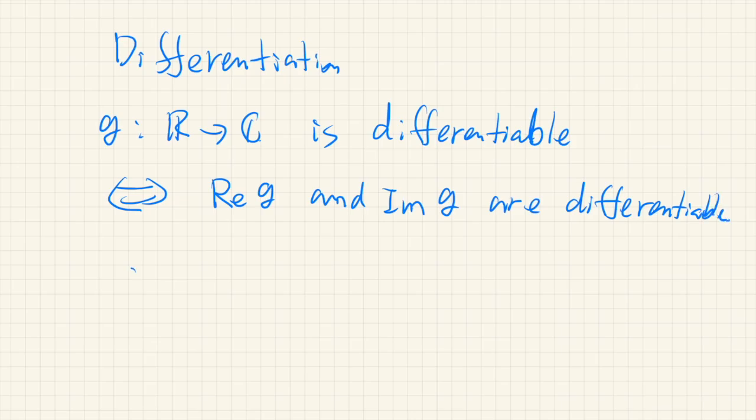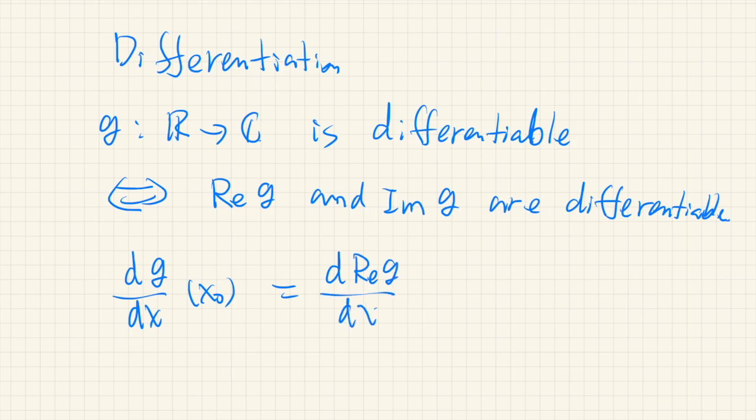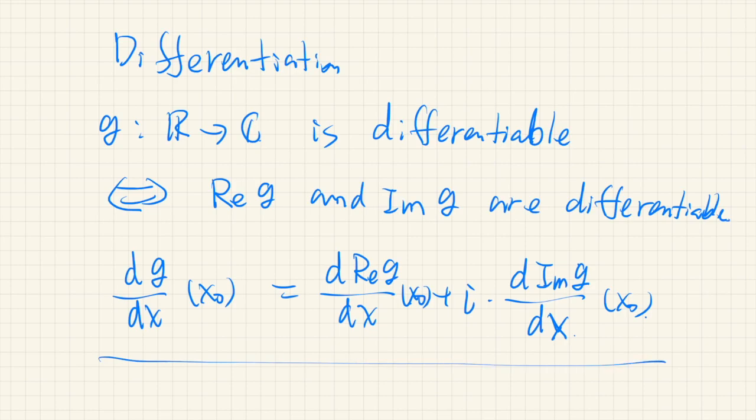In this case, if we differentiate it with respect to x and evaluate it at, let's say, x0, then that is given by the derivative of the real part of g plus the imaginary unit times the derivative of the imaginary part, each evaluated at x0. So this is what we mean by differentiating a complex valued function.